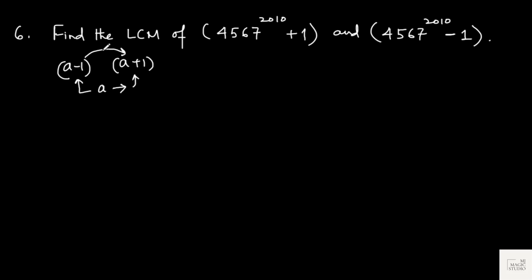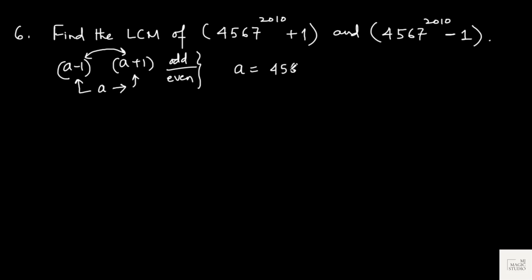That means these two numbers are consecutive odd numbers or consecutive even numbers. That is for sure, because a minus 1, a and a plus 1 are three consecutive numbers. So either a minus 1, a plus 1 both are odd, or both are even.